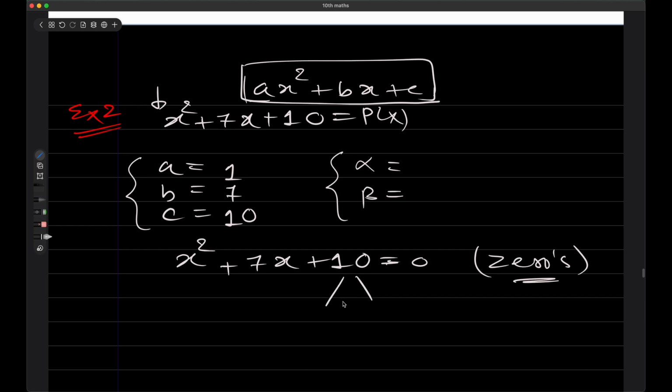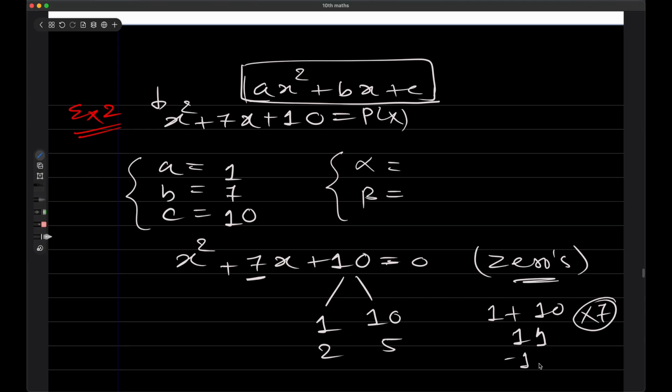We have to divide 10 such that we can get the coefficient of x, that is 7. If we divide 10 as 1 into 10, we cannot get 7. 1 plus 10 is 11, minus 1 minus 10 is minus 11.